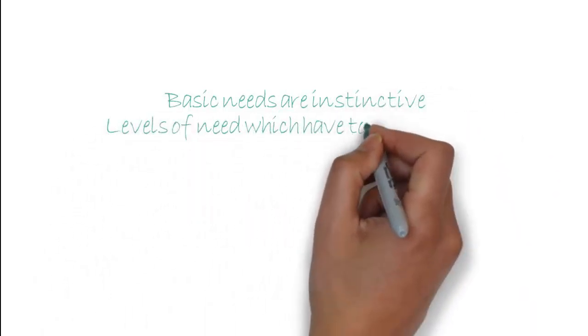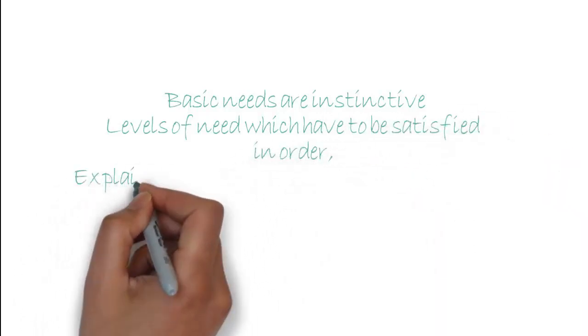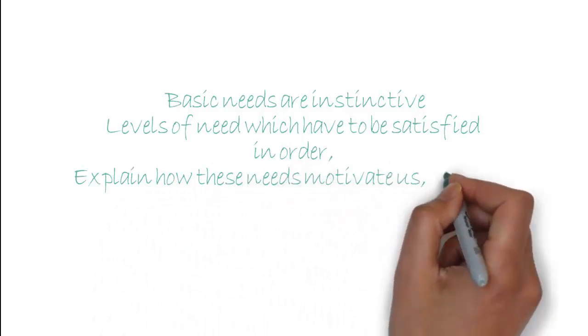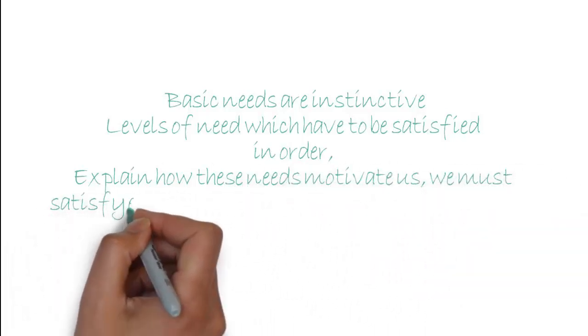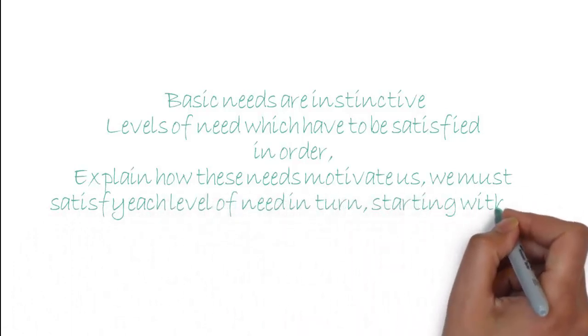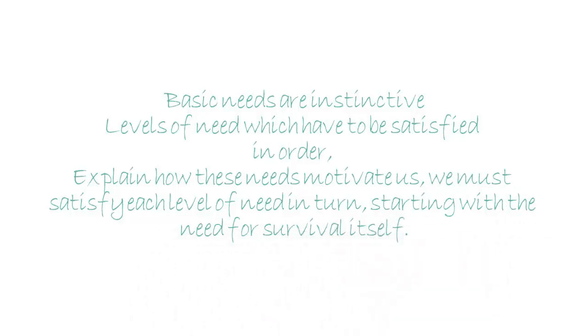Individuals have levels of need which have to be satisfied in order, starting from the bottom with biological and moving up to self-actualization. The hierarchy of needs helps to explain how these needs motivate us and states that we must satisfy each level of need in turn, starting with the one which deals with the most obvious need for survival itself.